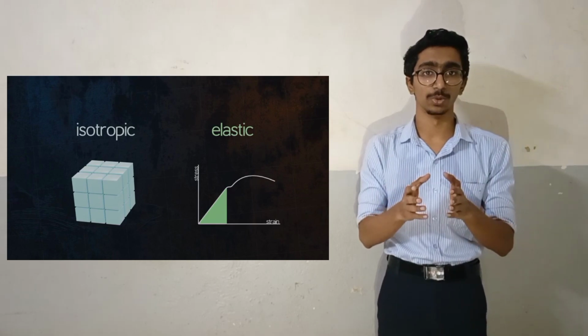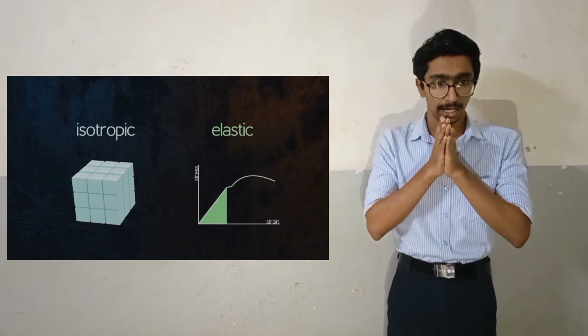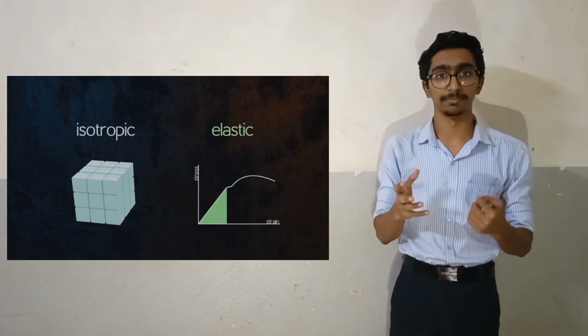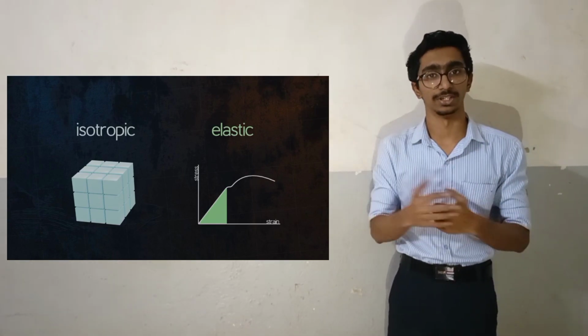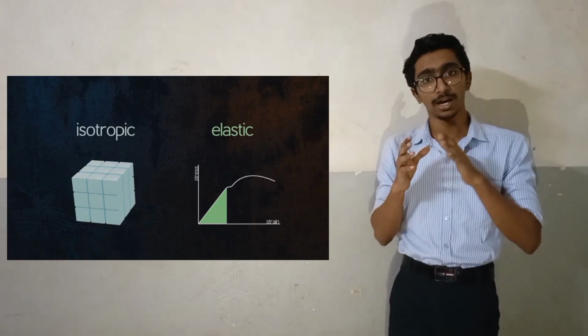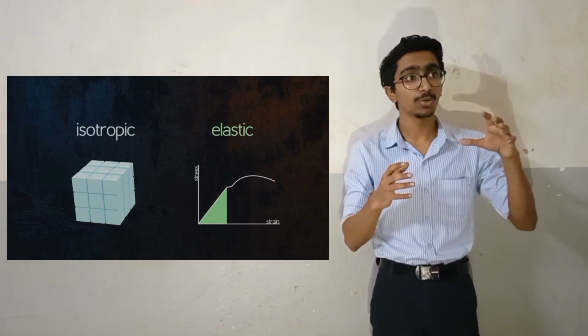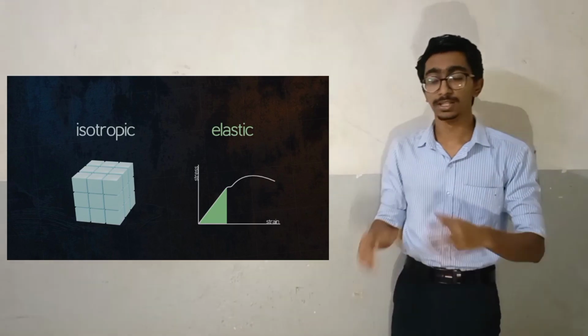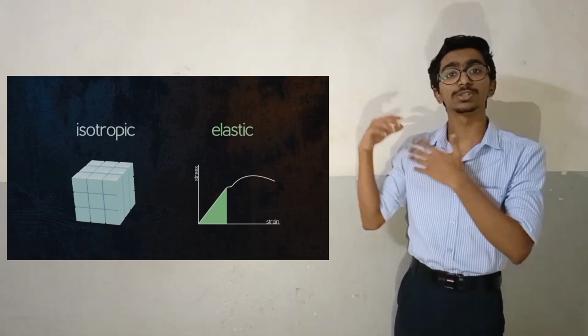The material should be deformed within the elastic limit, or in the elastic region. If a material deforms into the plastic region, or goes beyond the elastic region, the Poisson's ratio will continuously vary.